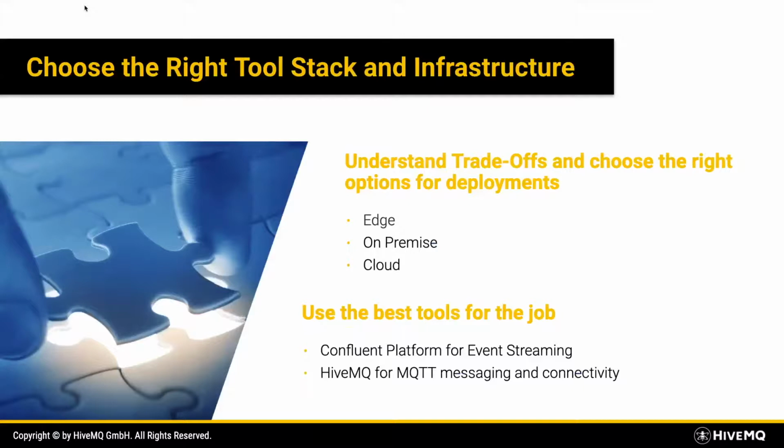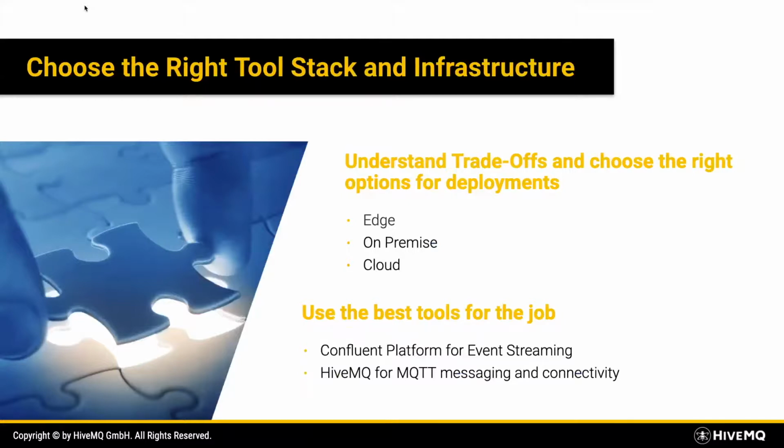Now, if you get started, you should really start by making sure to choose the right tool from the get-go. I mean, yes, I've talked about lift and shift being relatively easy with HiveMQ, but still, of course, try to make the best decision as soon as you can.